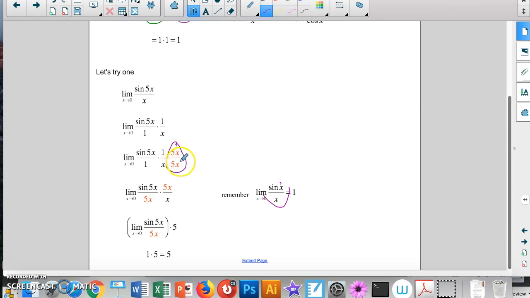So I'm not changing the value of anything, but I'm manipulating my equations so that then I can rearrange all of this to put sine 5x over one of my 5x's, and then the other one is still on top, but it's over an x. And then this one, the limit of sine 5x over 5x goes to 1. That whole thing goes to 1. And then 5x over x just reduces to 5. So I end up with 5. So my ultimate limit is 5.